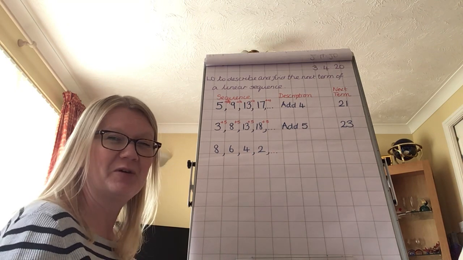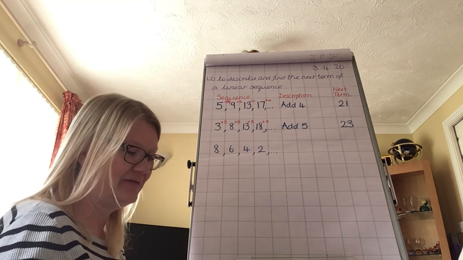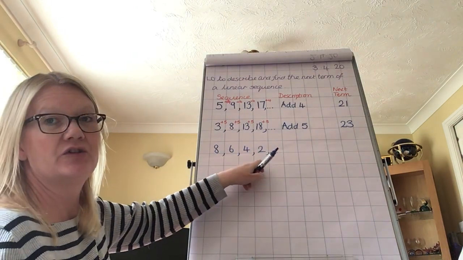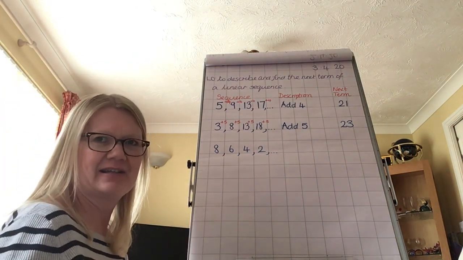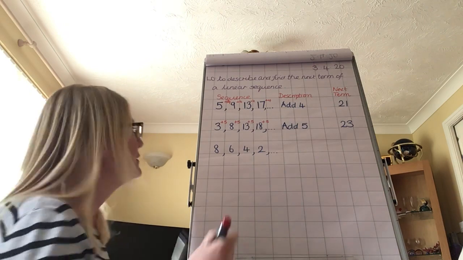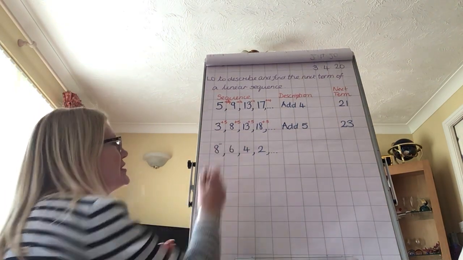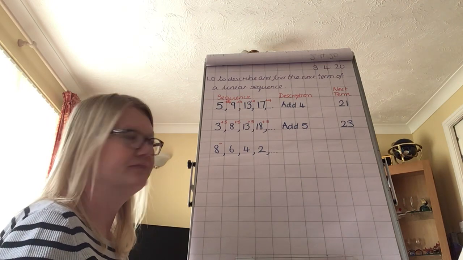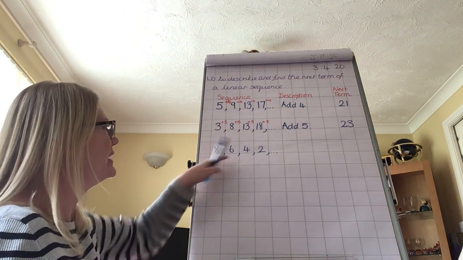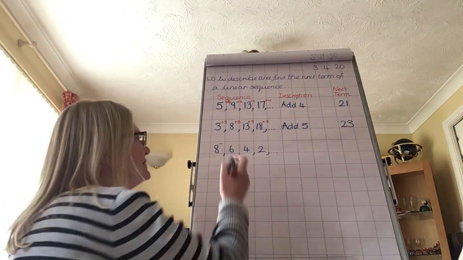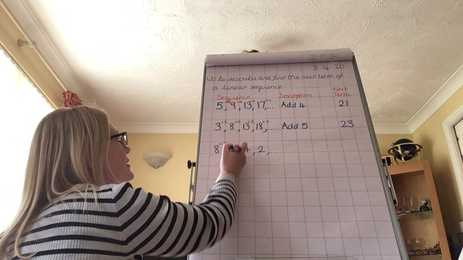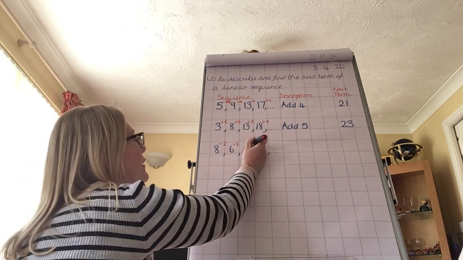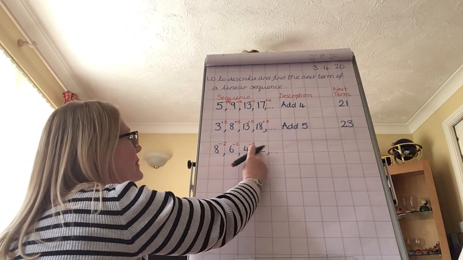One more that's slightly different, and then I'll leave you to it. So 8, 6, 4, 2. Numbers are going down this time, so we know straight away that we are going to be subtracting, don't we? It's got to be a minus calculation. So 8 minus what is 6? 8 minus 2. So let's check. 6 minus 2 will give me 4. 4 minus 2 will give me 2.